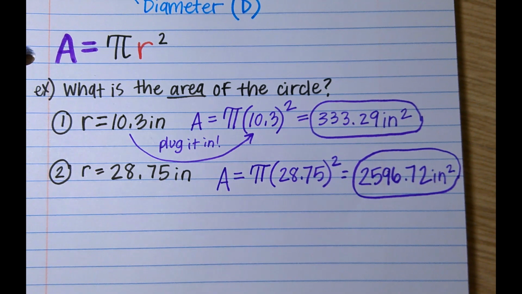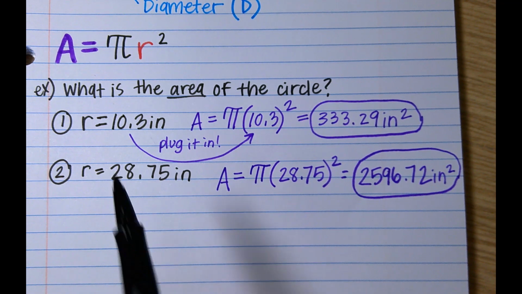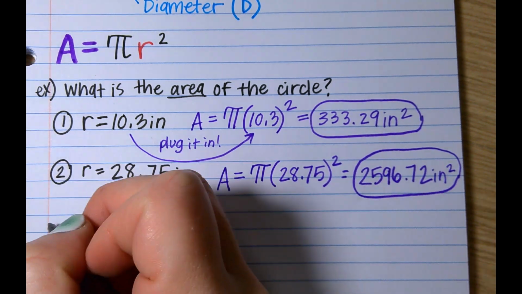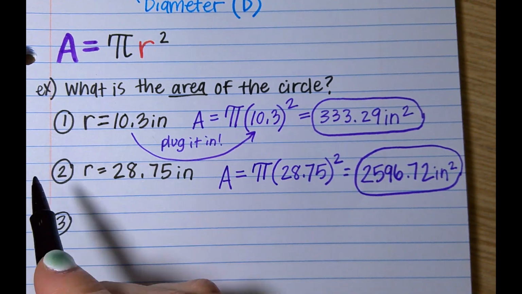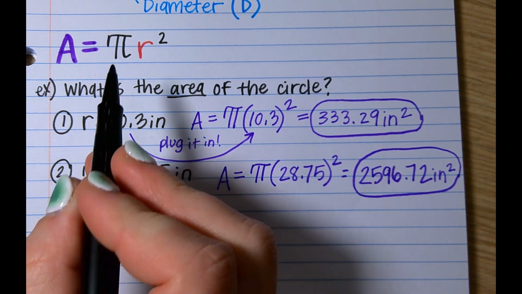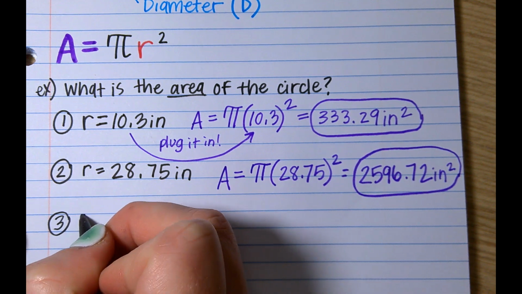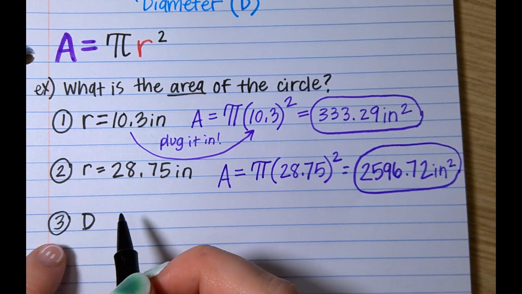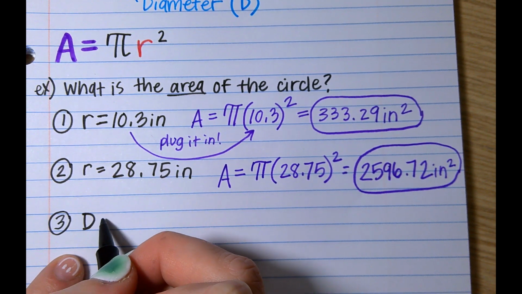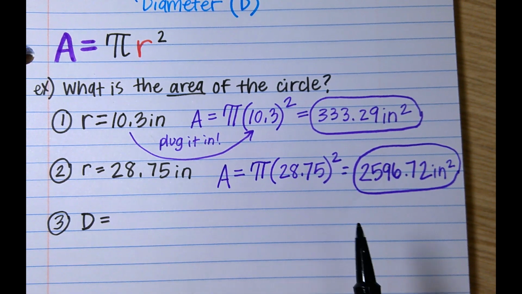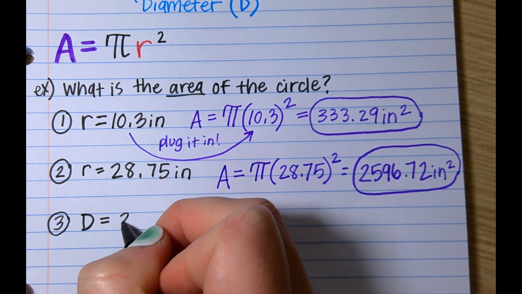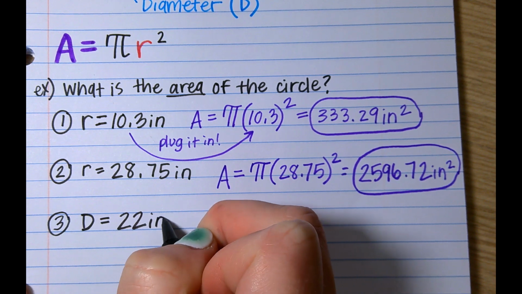Here's where we go one step further. For our third example, now I'm not going to give you the radius. What if I give you the diameter instead? This time, I want you to find the area of a circle where the diameter is 22 inches.